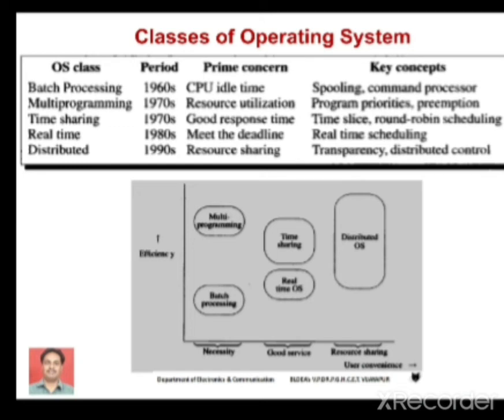Okay, next we have multi-programming systems. As the name itself indicates, it allows execution of multiple programs at a time. You can store multiple programs in memory, and the advantage of multi-programming systems is resource utilization. The available resources can be concurrently utilized.